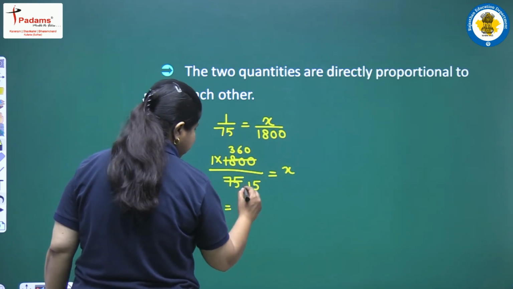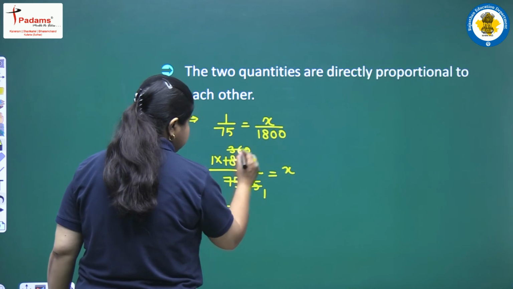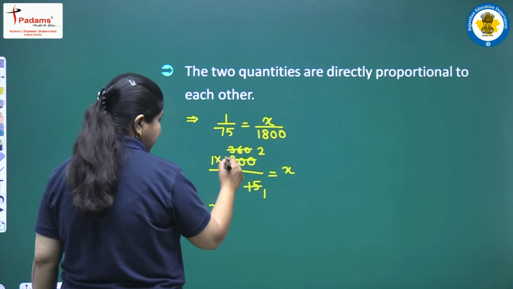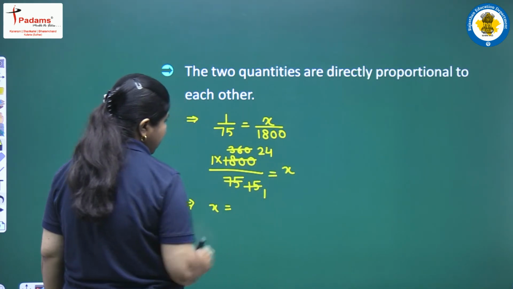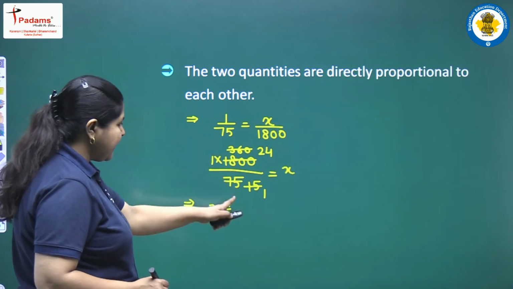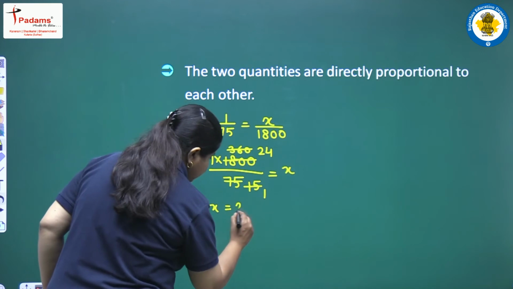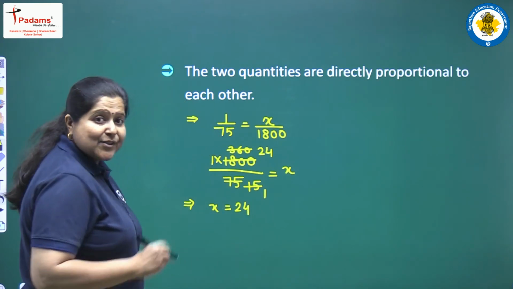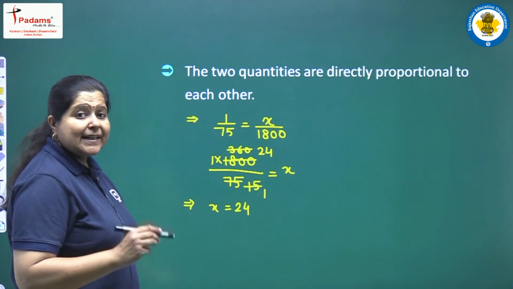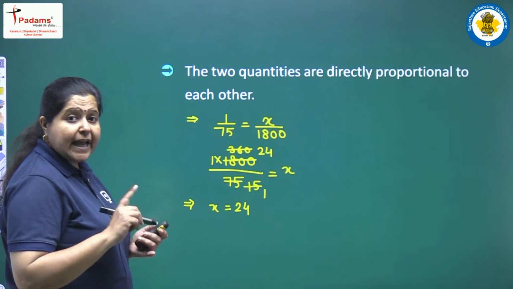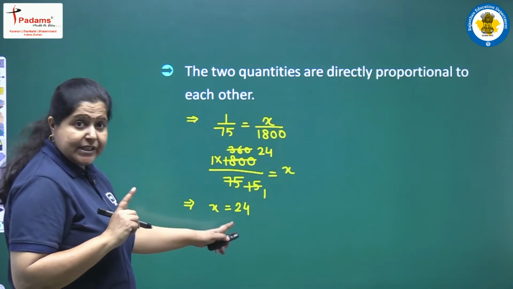Again we can divide by 15 one time, then 15 2s are 30 and then we will have 4 times 60. So on dividing first by 5 and then by 15 we got X equal to 24. And so the amount of red pigment that should be mixed is 24 parts.